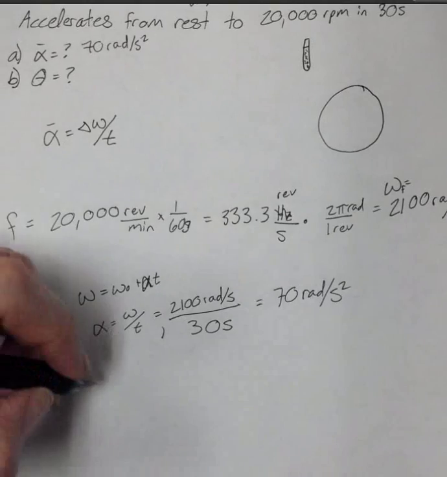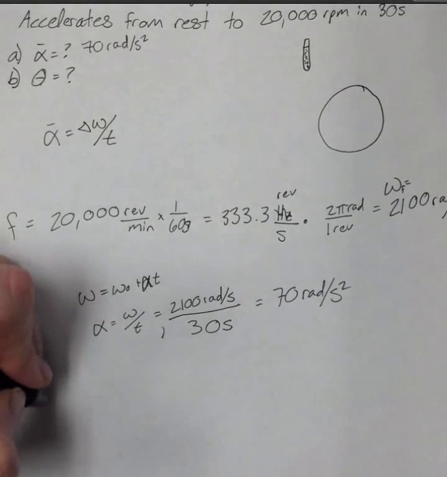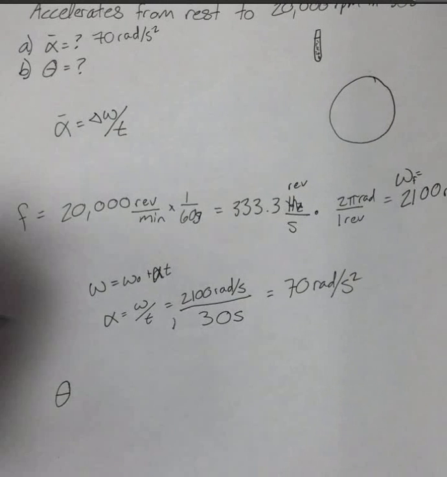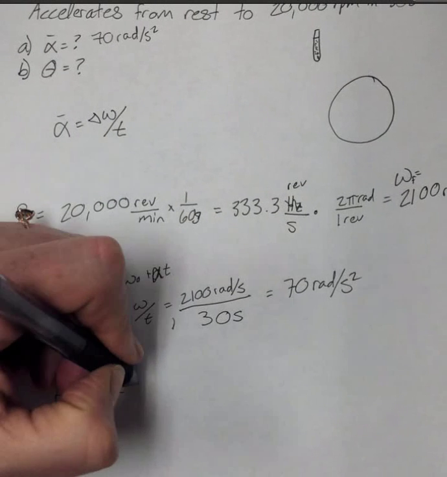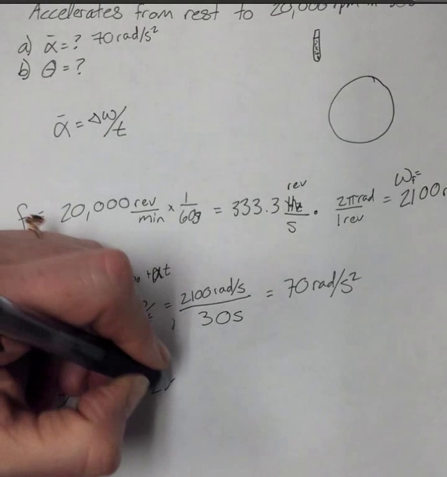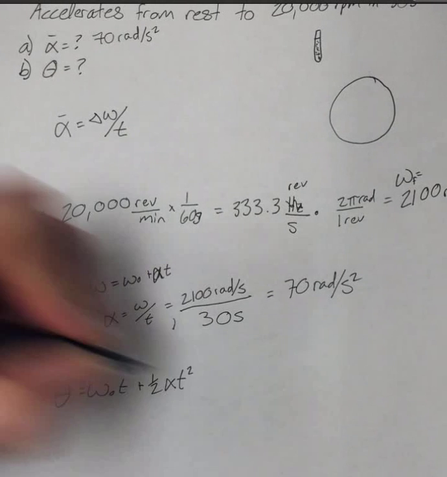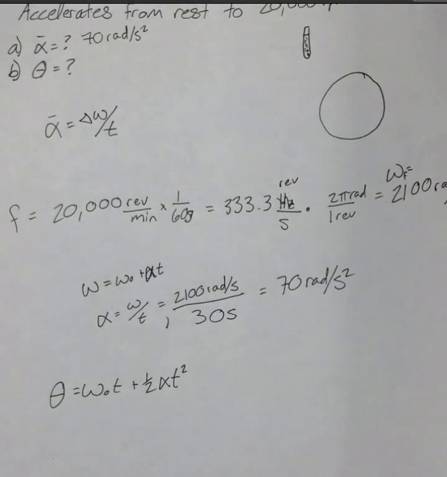So we're going to use a kinematic equation that allows us to solve for displacement, and we're going to use ω0 t plus 1/2 α t squared. We could also use an equation that includes the final velocity, but this one's nice and simple, so let's go ahead and use it.